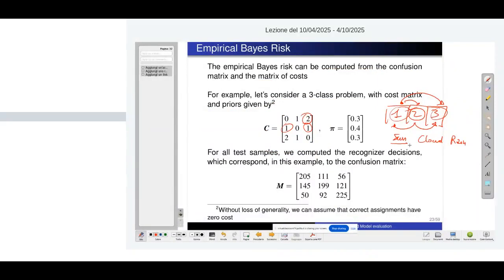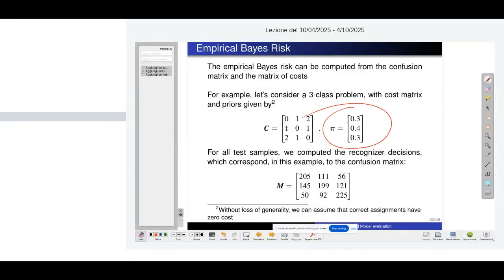If it's cloud and I predict rain or sun, the error is slightly less costly than if it's rain and I say it's sunny. So far classes have a higher cost, while the one in between gives me a lower cost if I make a mistake.